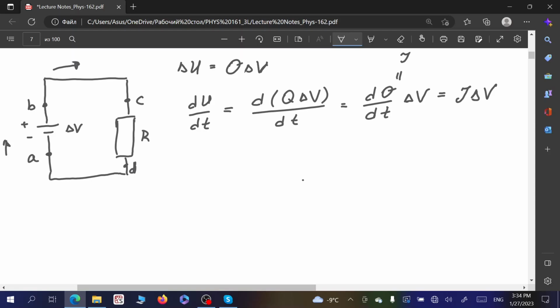So what's the rate of energy dissipation? That's power, which is dissipating on the resistor.